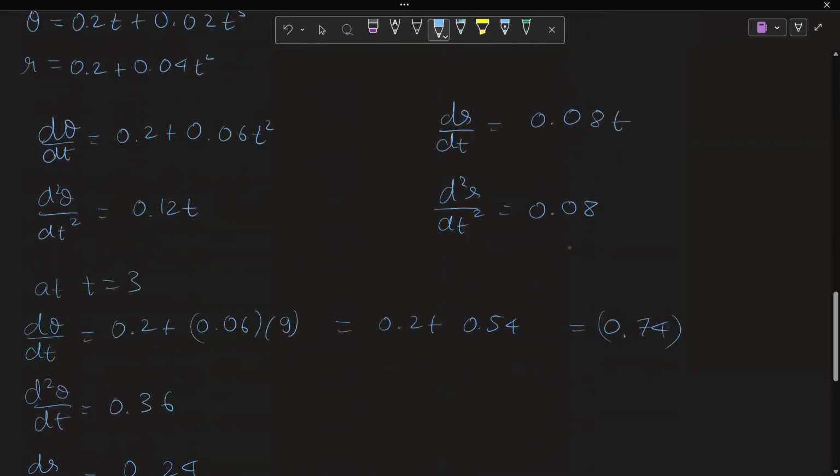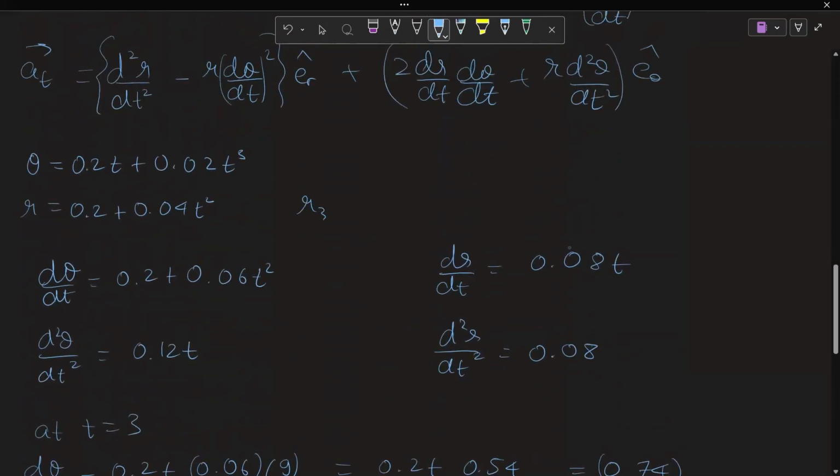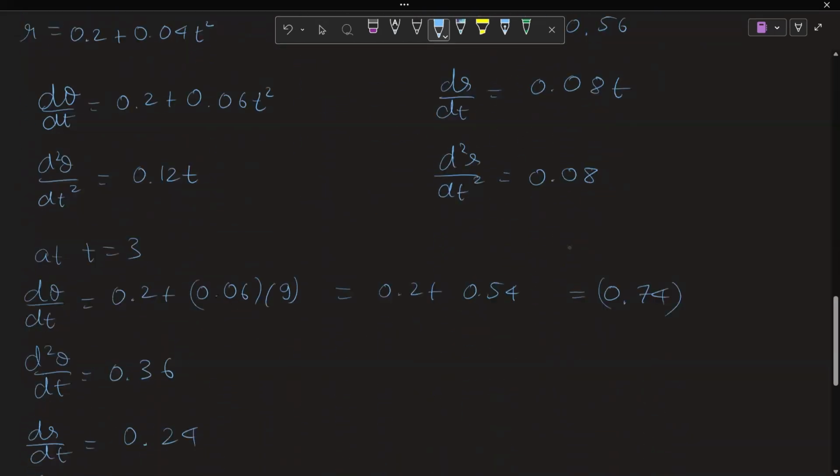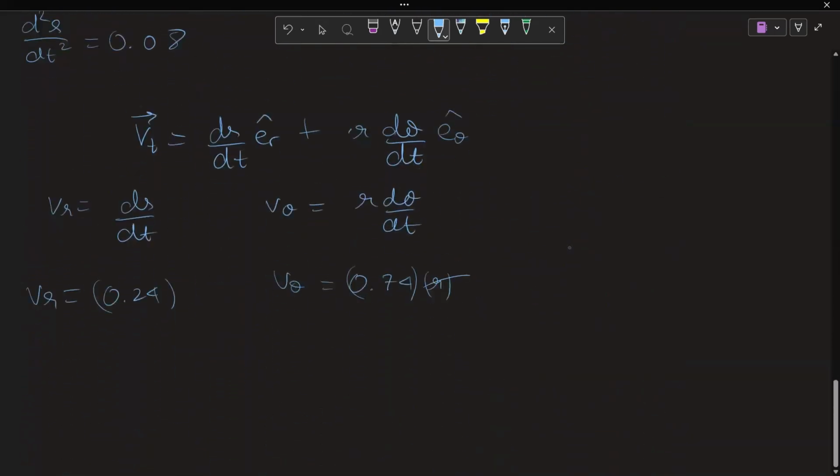So we also need to find r at 3: 0.2 plus 0.36, that is 0.56. So into 0.56. The magnitude of velocity is the square root of vr square plus v theta square. On calculating, you will get the magnitude of velocity as 0.479.